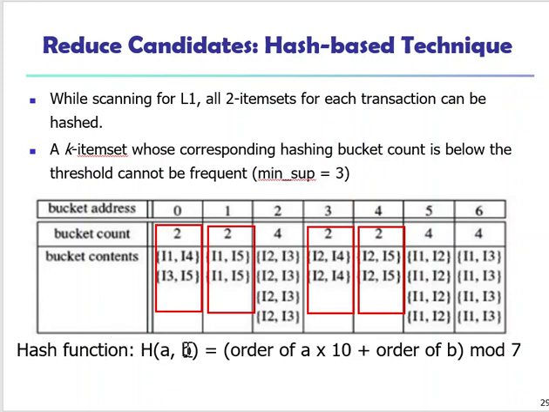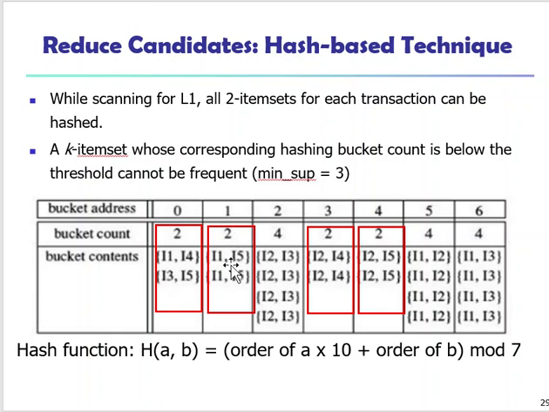The idea is we want to find, in each of the buckets, how many 2-itemsets were put into it. And that's the count. So for this bucket, if the order of A is 1 and the order of B is 4, that would be 14. 14 mod 7 is 0. So this 2-itemset is going to be put into this bucket. And 3 and 5, 2 is put into this bucket.